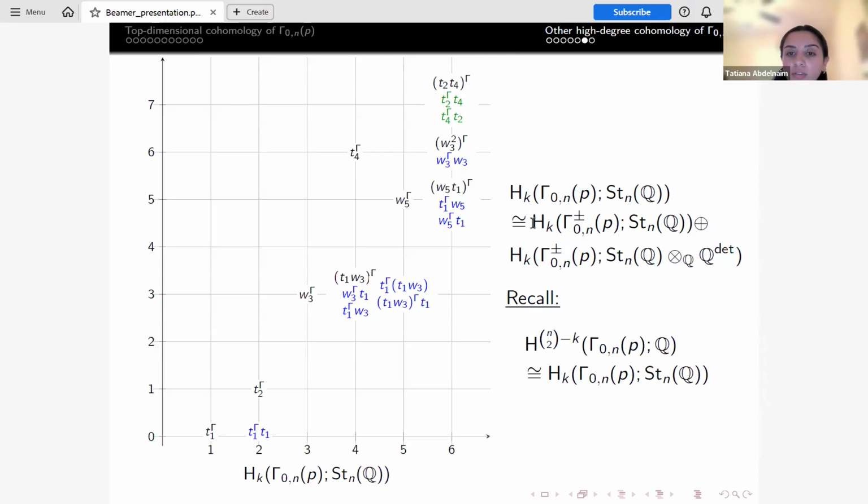So that means if I know classes in each of these summands, then I can just combine them and get a big picture of gamma 0 n. And that's exactly what we have here.